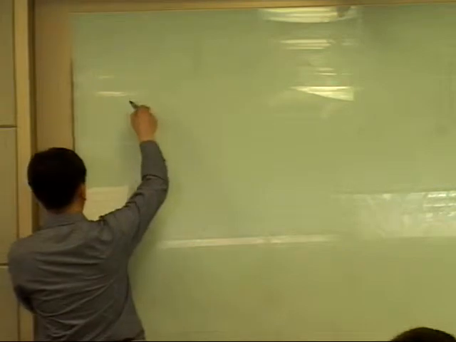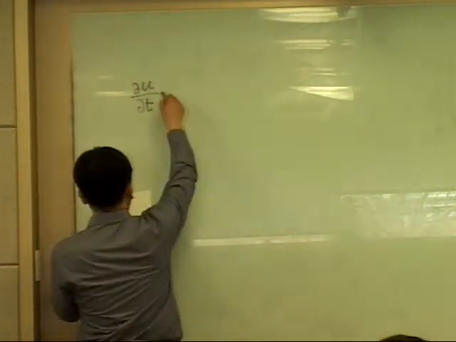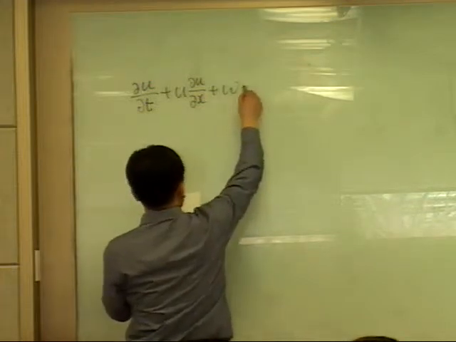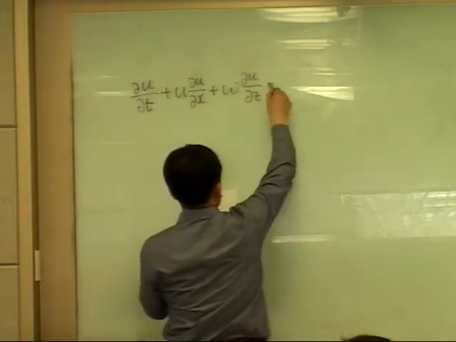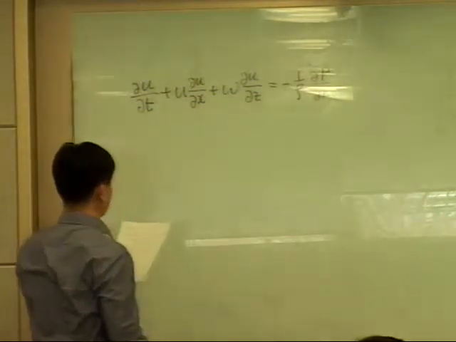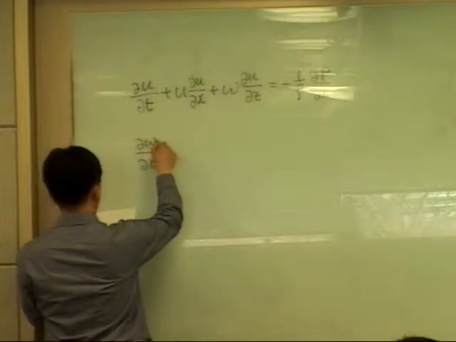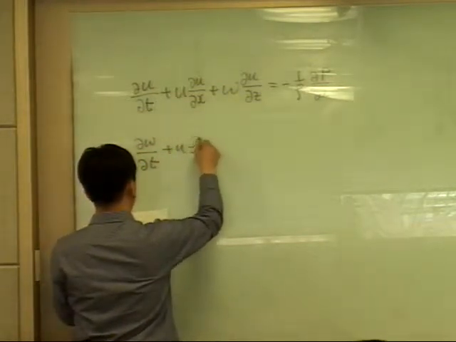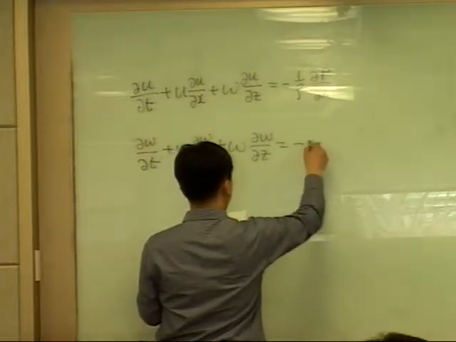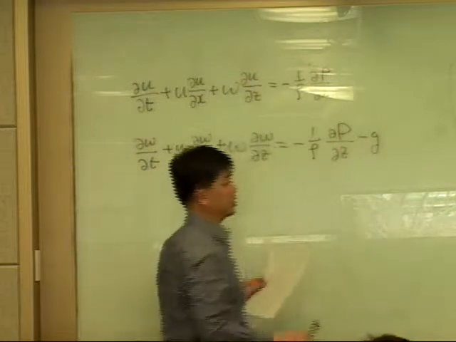If I take the total derivative, the Euler equation gives us du/dt as u partial x of u plus w, equals... This is the equation of motion in the x direction in the Euler equation. This is the equation of motion in the y direction.